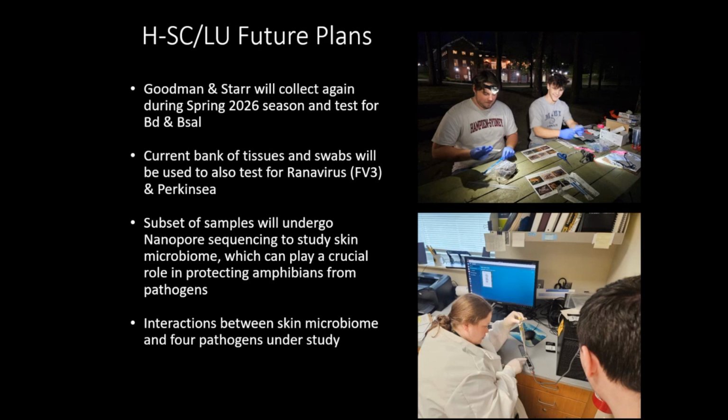My collaborator, Amanda Starr, is more of a microbiologist, so we're going to be doing microbiome studies where we sequence the DNA of all the bacteria in the skin and see how that interacts with the four pathogens we're looking at. That will be a subset of samples, because that is even more expensive to do, as you might imagine.